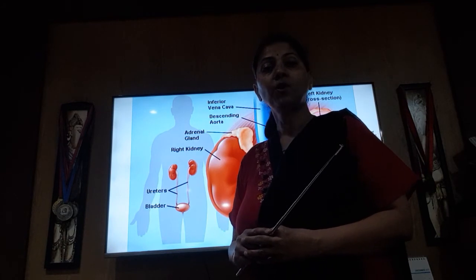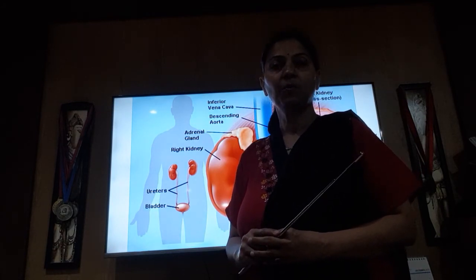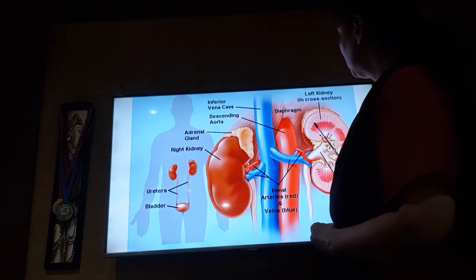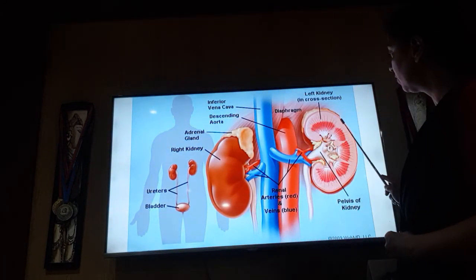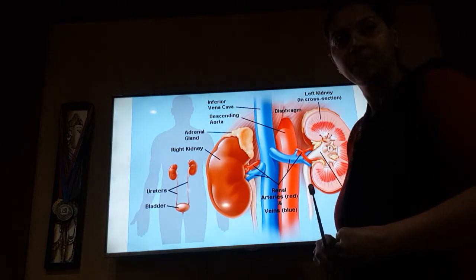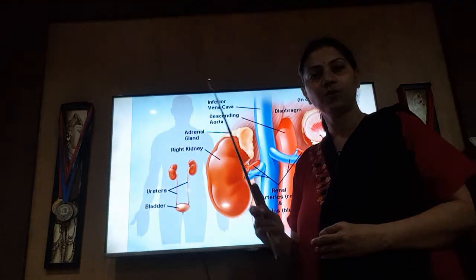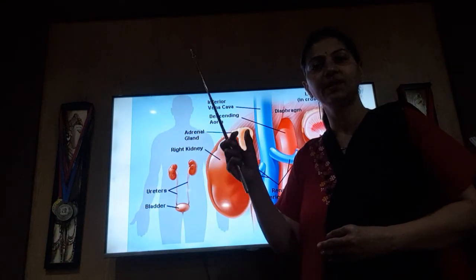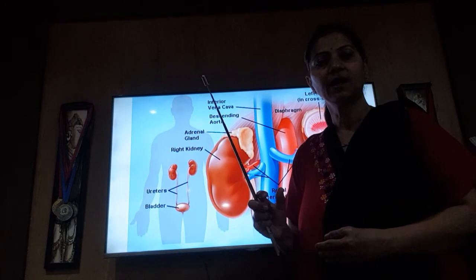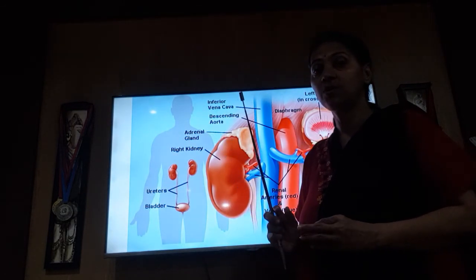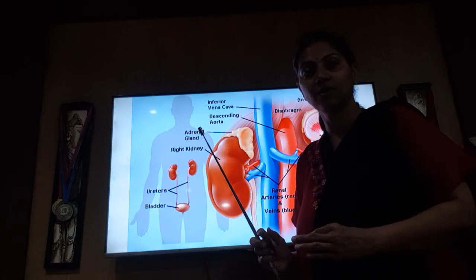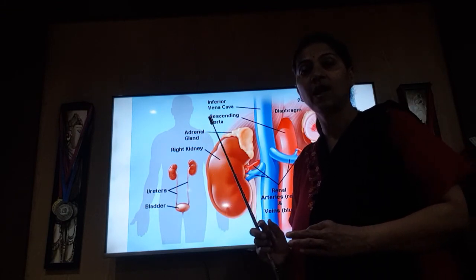Then polycystic kidney. Polycystic kidney, when here the collecting tubule and the rest of the nephron, you know, glomerular capsule, PCT, loop of Henle, DCT, this is the part of nephron, and then the collecting tubules. Both these structures are coming from different layers, the 3 layers of embryo.